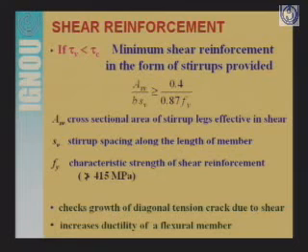This should match this formula: Asv divided by b sv should be greater than or equal to 0.4 divided by 0.87 fy. Fy, you know, is the characteristic strength of steel or shear reinforcement.